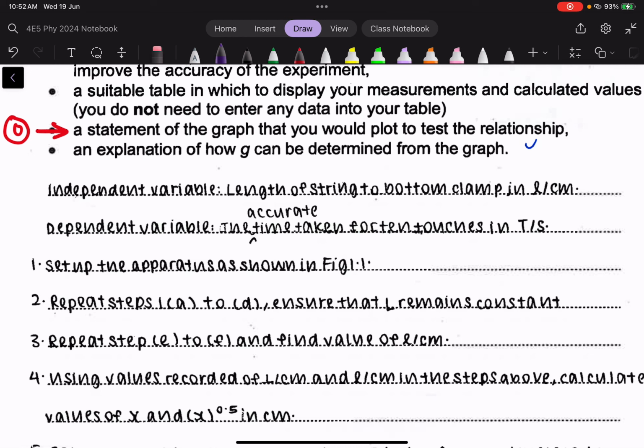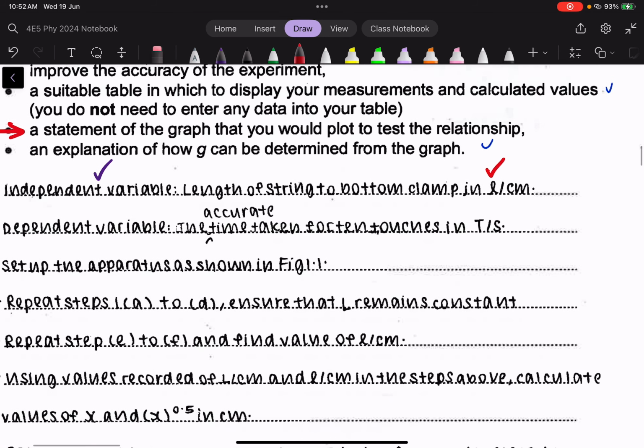So let's see. The independent variable, very clearly written, is the length of the string to the bottom clamp. Okay, small l, correct description. Dependent variable is the accurate time taken for 10 touches. Very good practice, right?